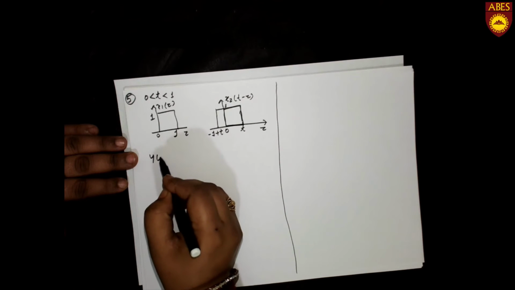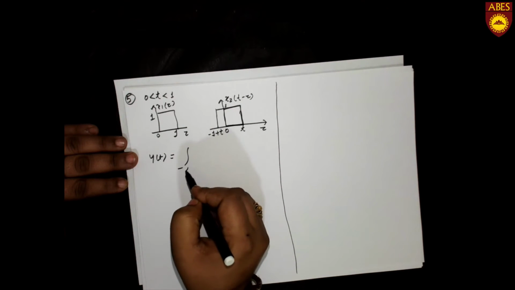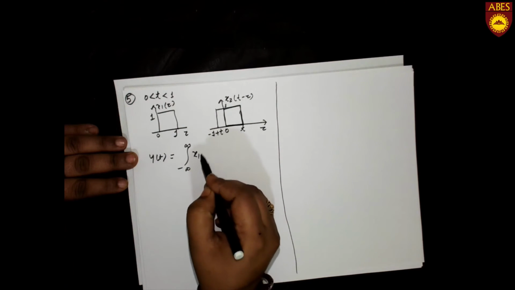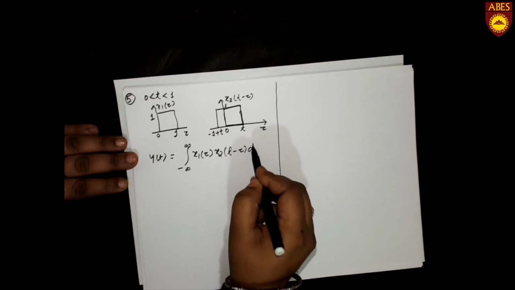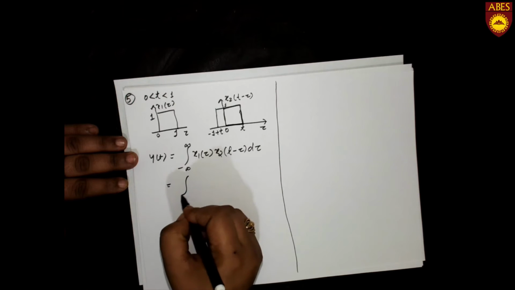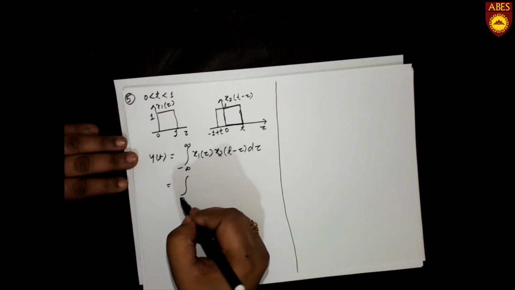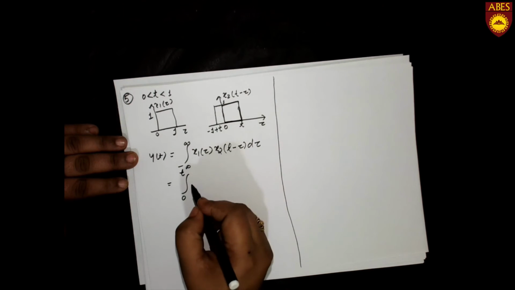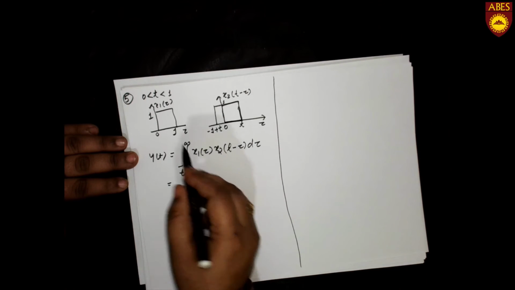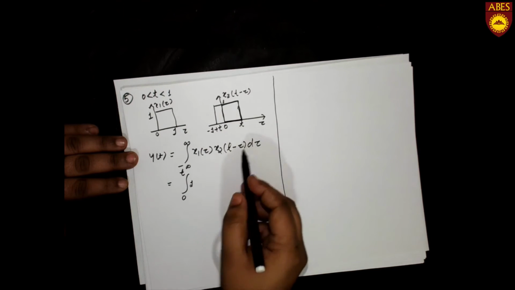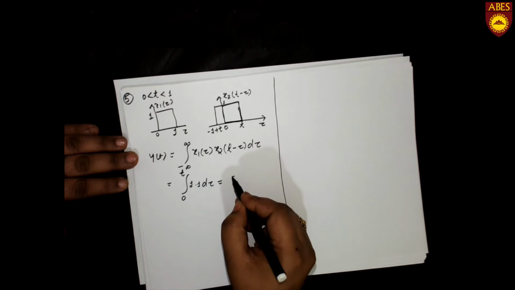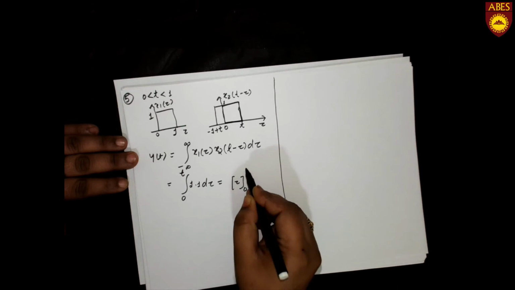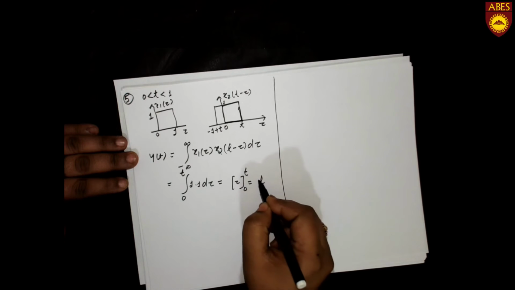So y(t) is equal to the integral from minus infinity to infinity of x1(tau) x2(t minus tau) d tau, which can be written as the integral from 0 to t of 1 times 1 d tau, and that is equal to t.